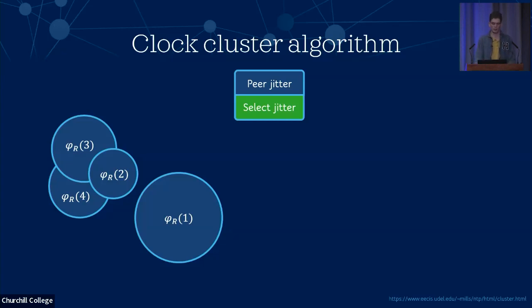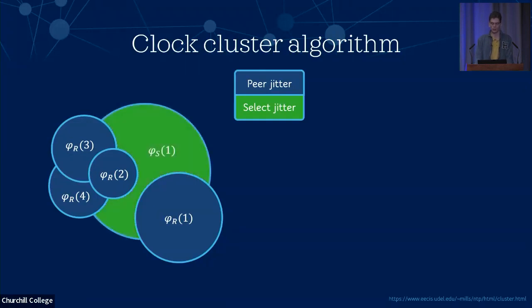And the distance between the circles represents the variation between the different sources. We can see that sample 1 has a value that's quite far away from the other values, and the other values are all quite closely clustered together. We're then also going to plot the maximum of the select jitters as a green circle.